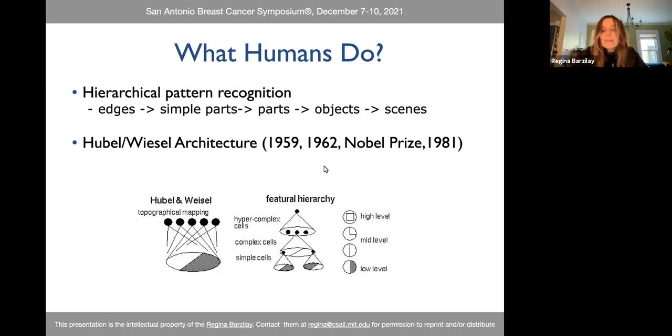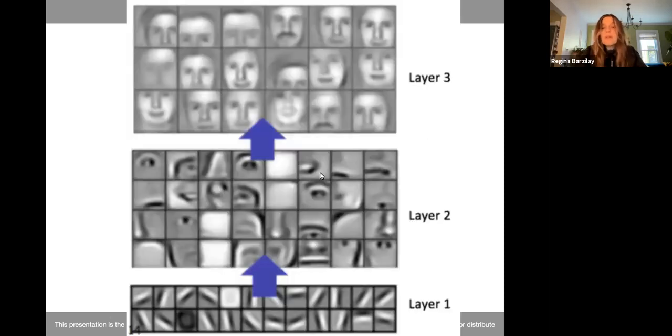The low-level simple cells identify edges, more complex cells identify simple parts, which are combined into more complex patterns, which are then augmented with hyper-complex cells into objects and scenes. So what's very interesting about deep neural networks is that they actually do something similar to that.